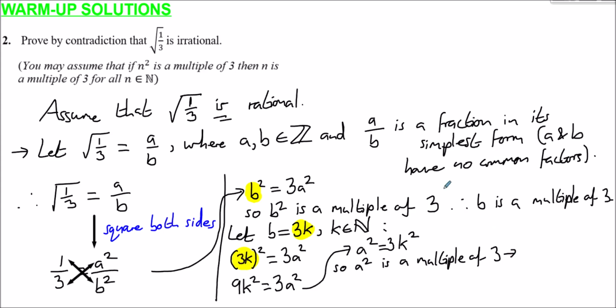In the same way as what we proved for b, we've now proven that a is a multiple of 3 by the same logic. So a is also a multiple of 3.